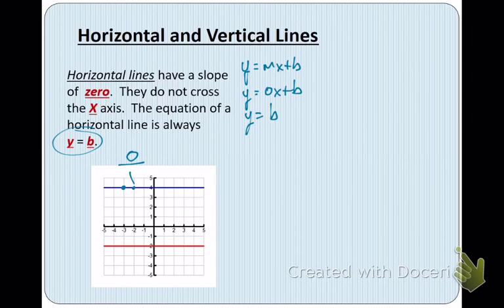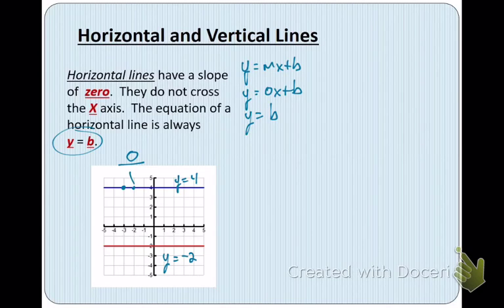Y equals, and then whatever the y-intercept is. Remember, b is the y-intercept. So for this top line, your equation would be y equals 4, because that's where it crosses the y-axis. Down here, your equation would be y equals negative 2, because that's where the red line crosses the y-axis.